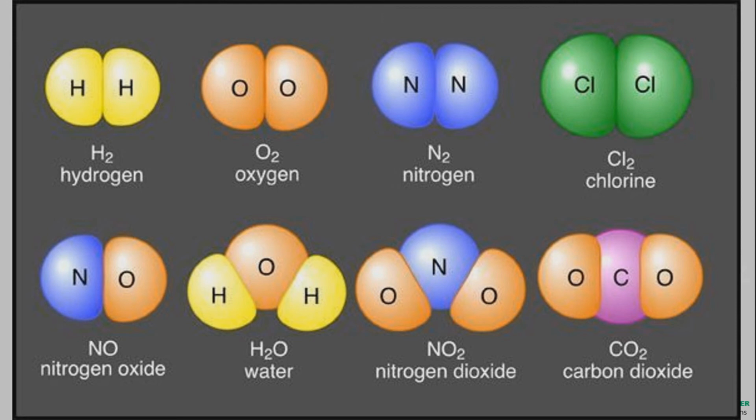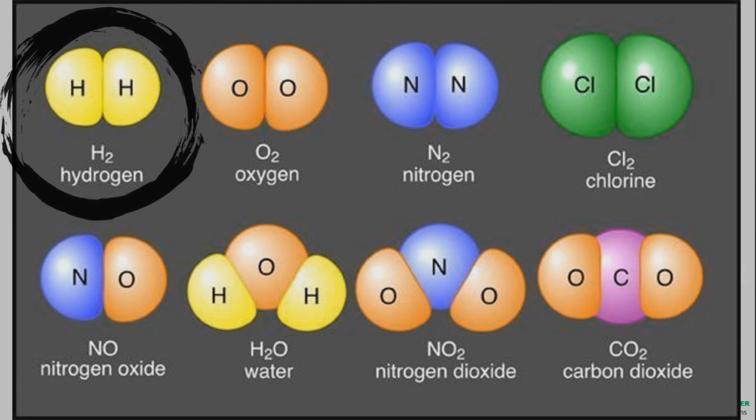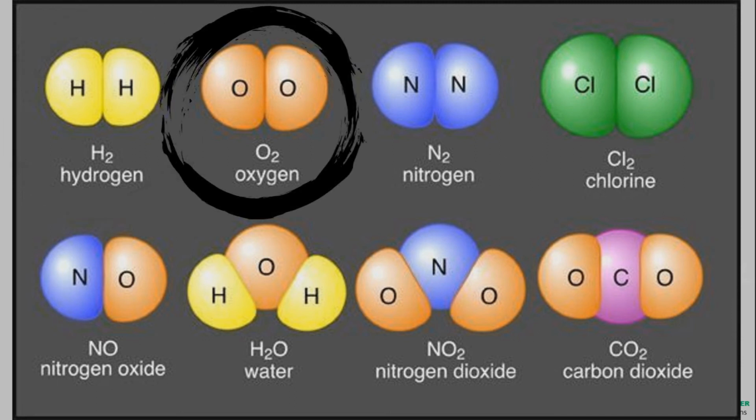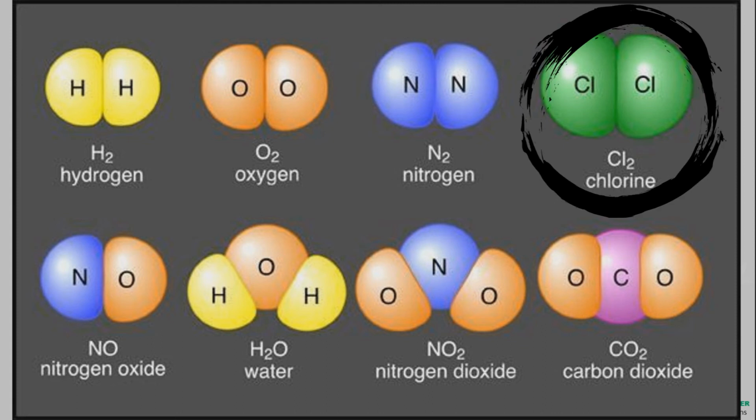same, such as you can see here, we have 2 units of hydrogen. This is composed of 2 or more units of the same. This is composed of 2 units of hydrogen, the same type of atom. 2 units of oxygen, the same type of atom. 2 units of nitrogen and 2 units of chlorine.